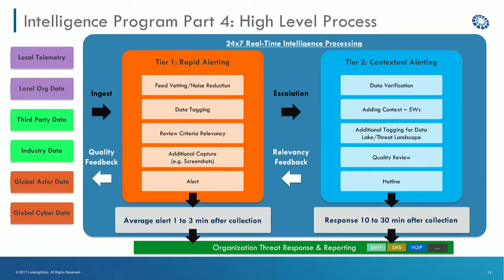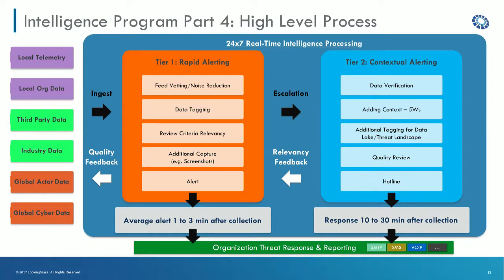And that's where the tier 1 rapid alerting takes place, where you're able to quickly assess the data and decide, okay, it matches 10 out of 12 keywords that I'm looking for in, say, a social media post, or the data that's coming in identifies a C2 command, and I have log data that says that one of my internal hosts is actually communicating with that server. So that would be a flag to potentially go further investigation and potentially update firewalls.